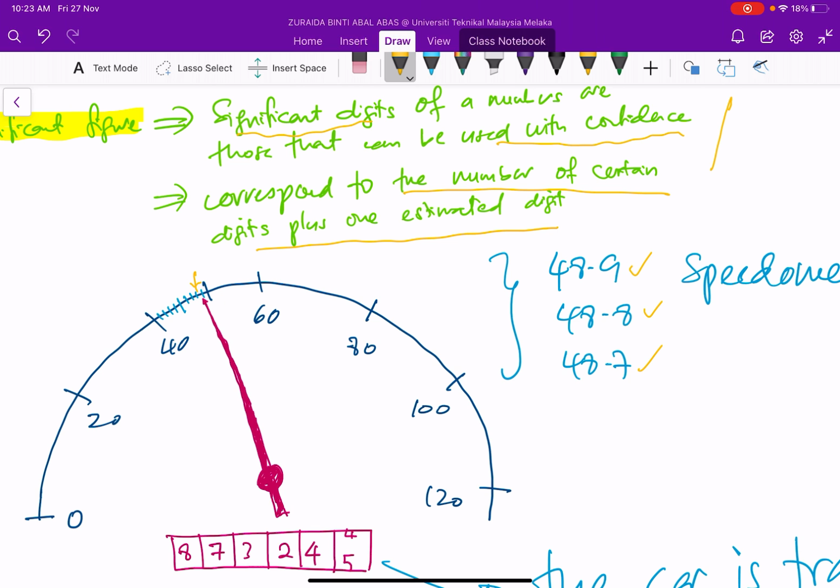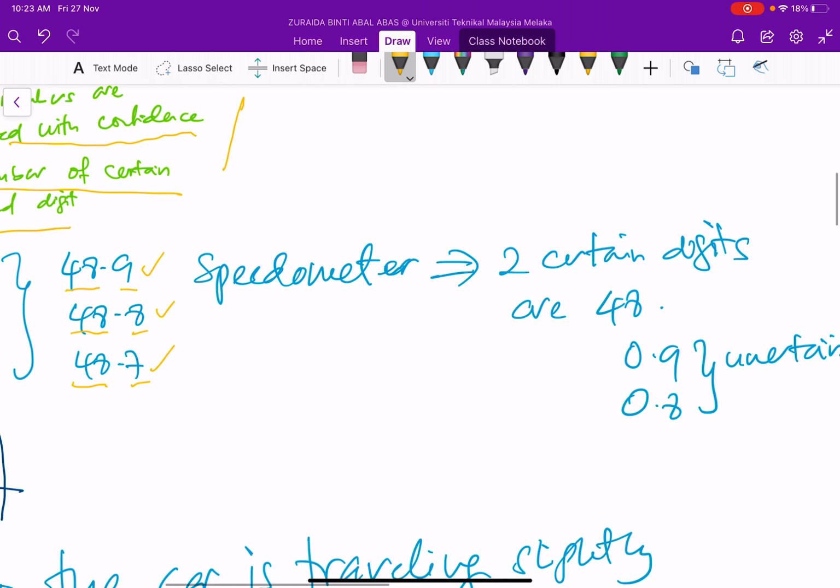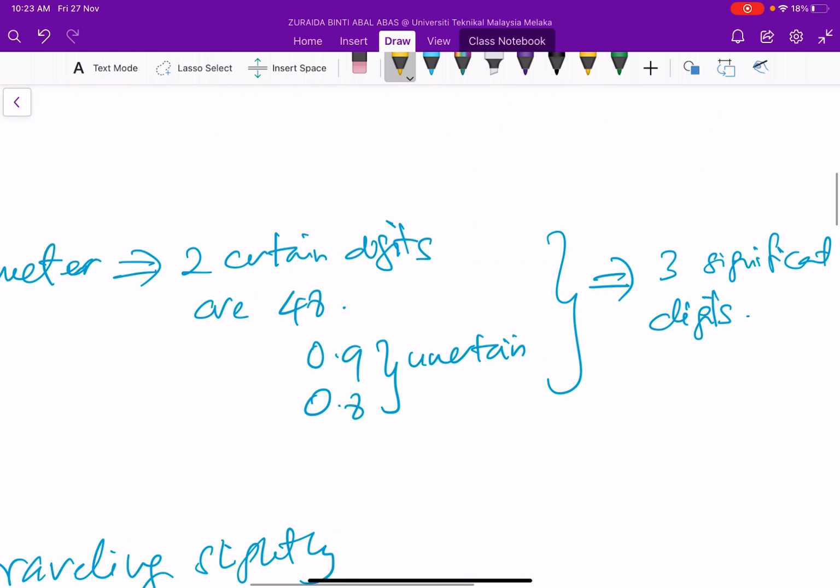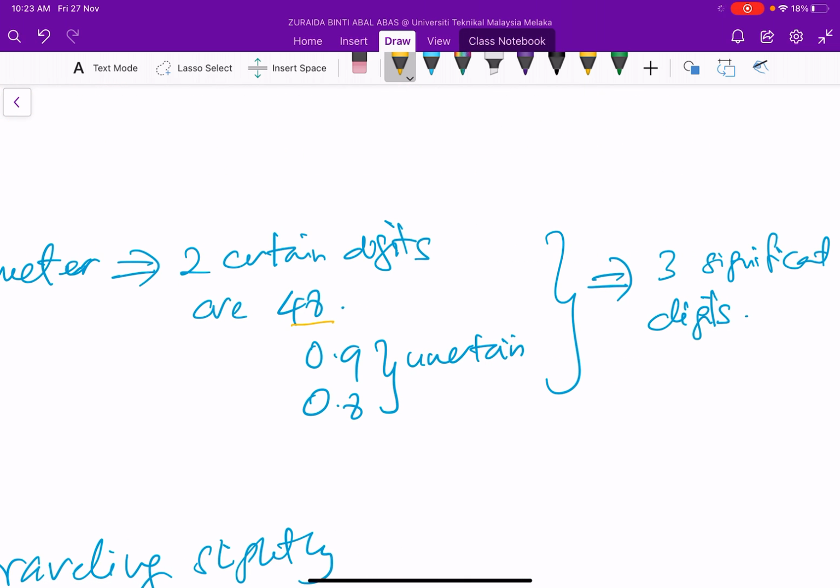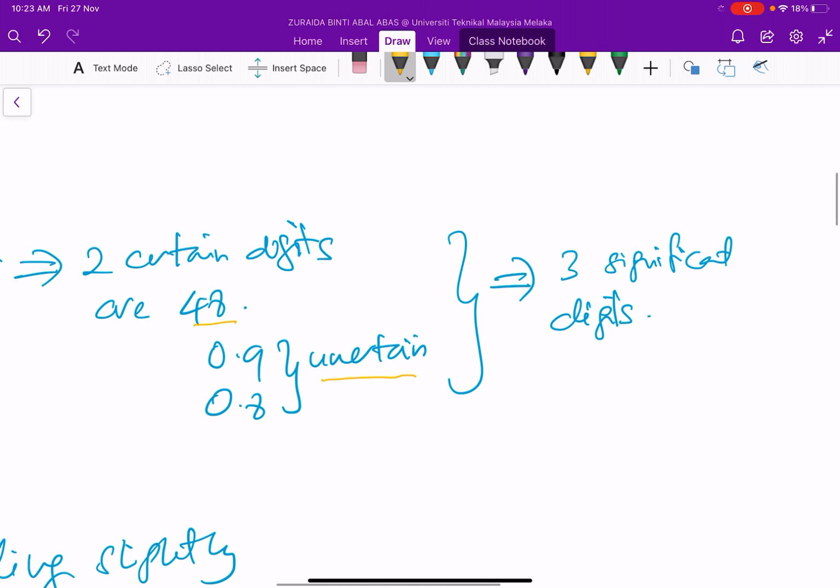So you'll see here that these two digits are the digits that we are certain of, but the digits that we are not certain of are the 9, 8 and 7. We have two certain digits, 48, but 0.9, 0.8 are uncertain. Therefore, this figure is a combination of two certain digits and one uncertain digit. So that's three significant digits.